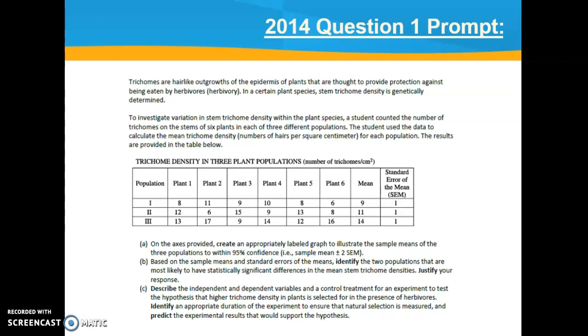You're going to be given the graph. Another bold word that you see is identify. That's probably a point. Justify, so giving some reasoning or explanation to your answer, would be a point. Describing is another point probably, or maybe 2, depending on what the rubric says. Another is identify, and another is predict.